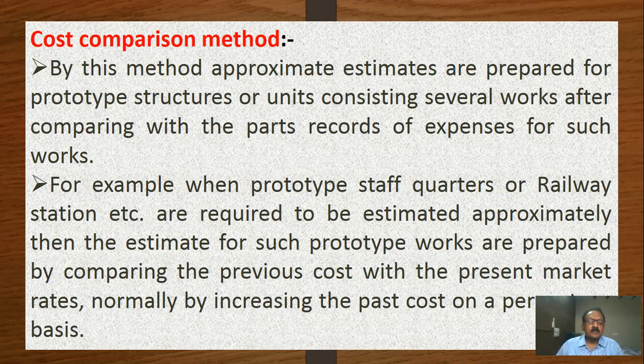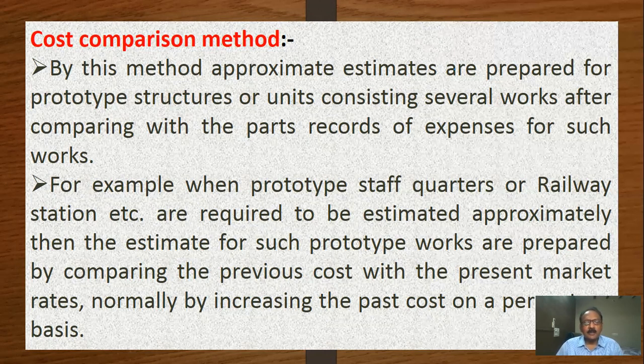Okay, for example, a prototype of staff quarters, if you see railway quarters or staff quarters, you will see similar types of buildings. So then it is very easy to get approximate cost of the building. The size will be the same, and approximately the plan is the same.